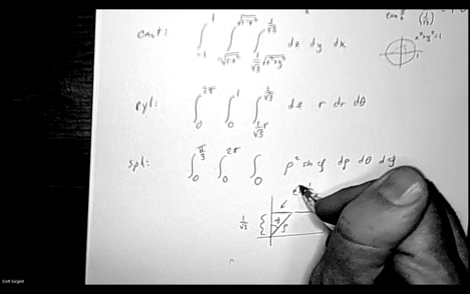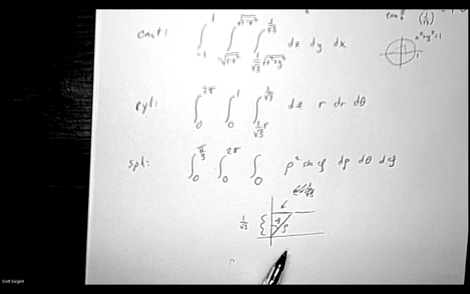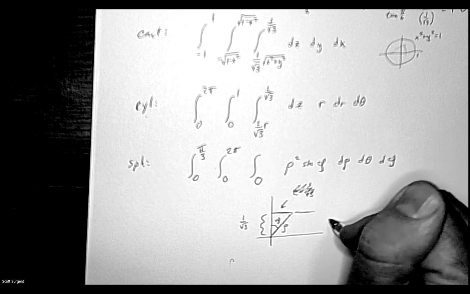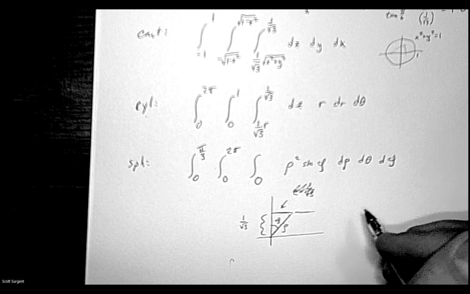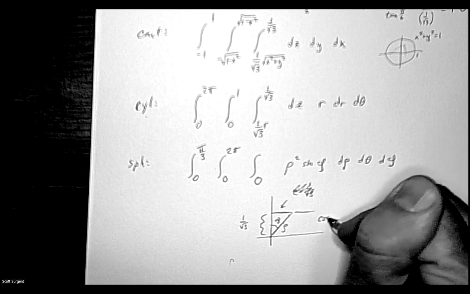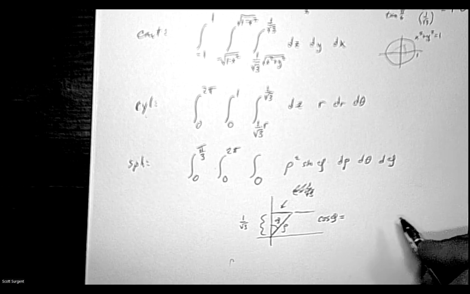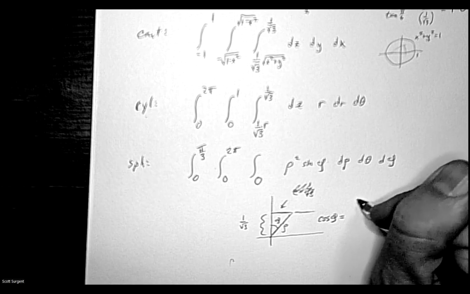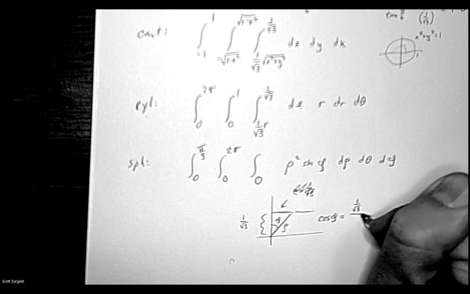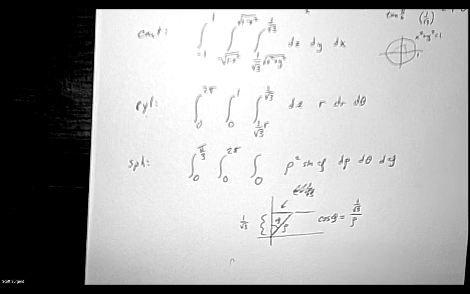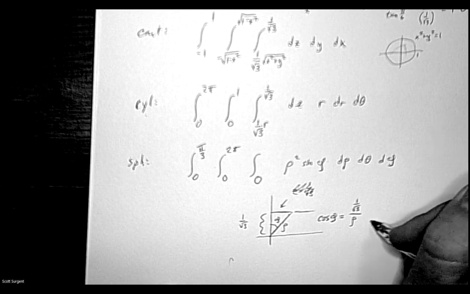So I've got a hypotenuse and an adjacent. That tells me the sine, wait a minute, that's cosine, my bad. Cosine of phi is going to be adjacent, which is 1 over rad 3, over rho. And so I just need to solve for rho.